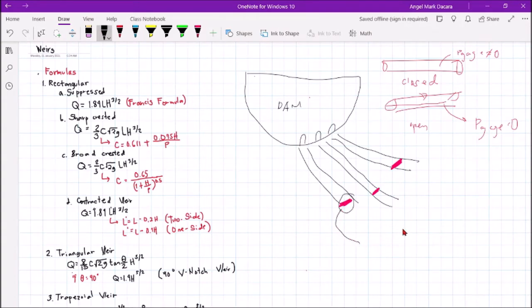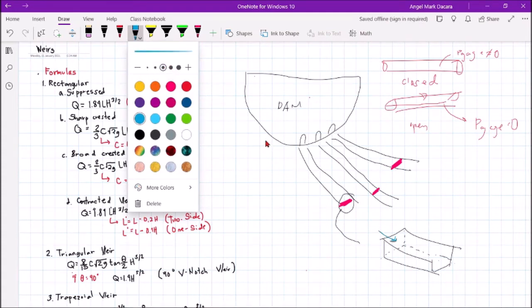Okay? So, kung ito yung channel, syempre that is open to atmosphere. Say, that's your channel. Okay. Yan, bukas to. Syempre, open to. Tapos, may water flow dyan. May water flow dito.